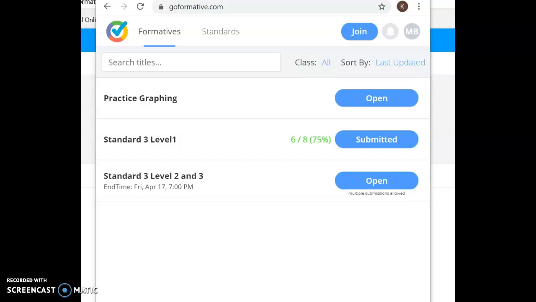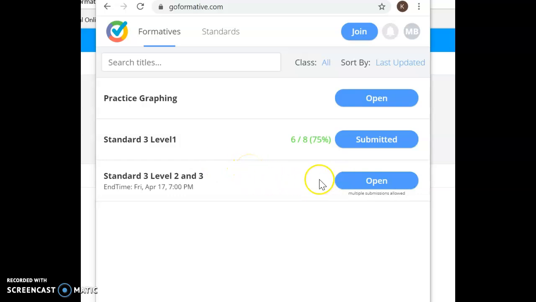Sign into your Go Formative account, and when you get there, you can continue playing the video. What I would do is have your Go Formative up on your screen in a smaller box, and also have this video up in a smaller box, or go back and forth between the two, pausing the video as you go.